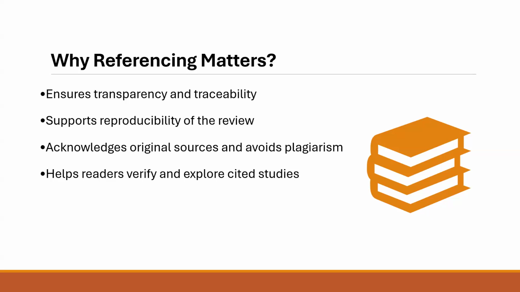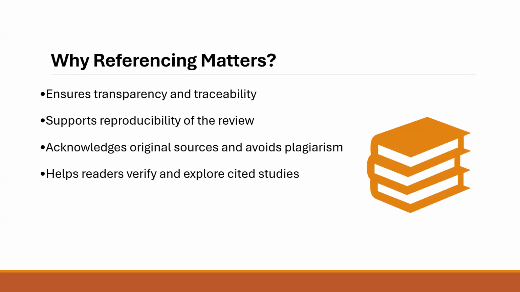This supports the reproducibility of the review. If you cite another author in your systematic review, that helps to trace their work, also increases the citation score of that author, and benefits them too.